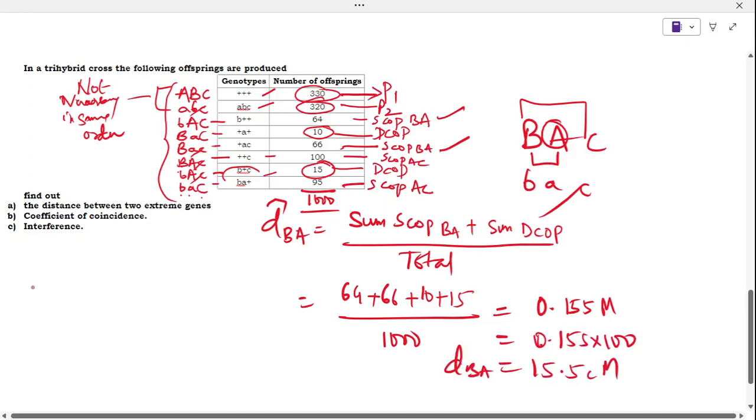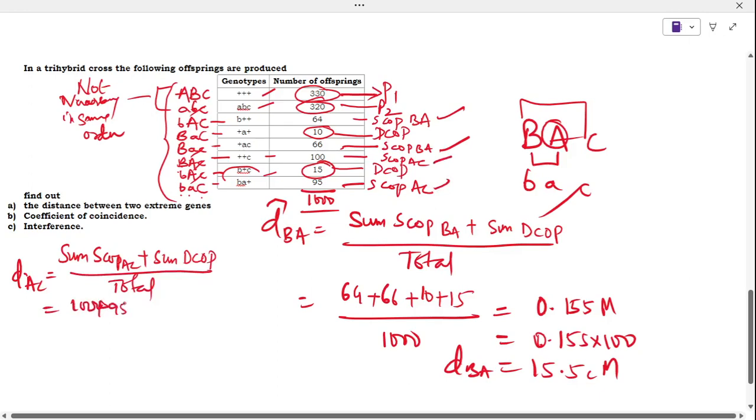Next, the distance between AC we need to find out. Distance between AC is equal to the same formula: sum of the single crossing over product with respect to AC plus sum of double crossing over products divided by total. Sum of single crossing over product with AC here, 100 and 95. 100 plus 95 plus 10 and 15.